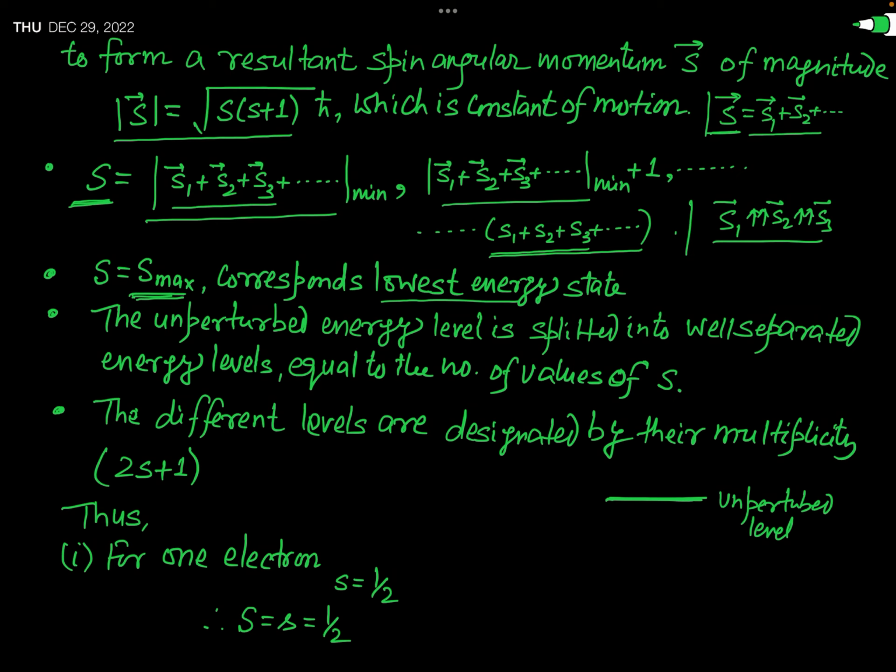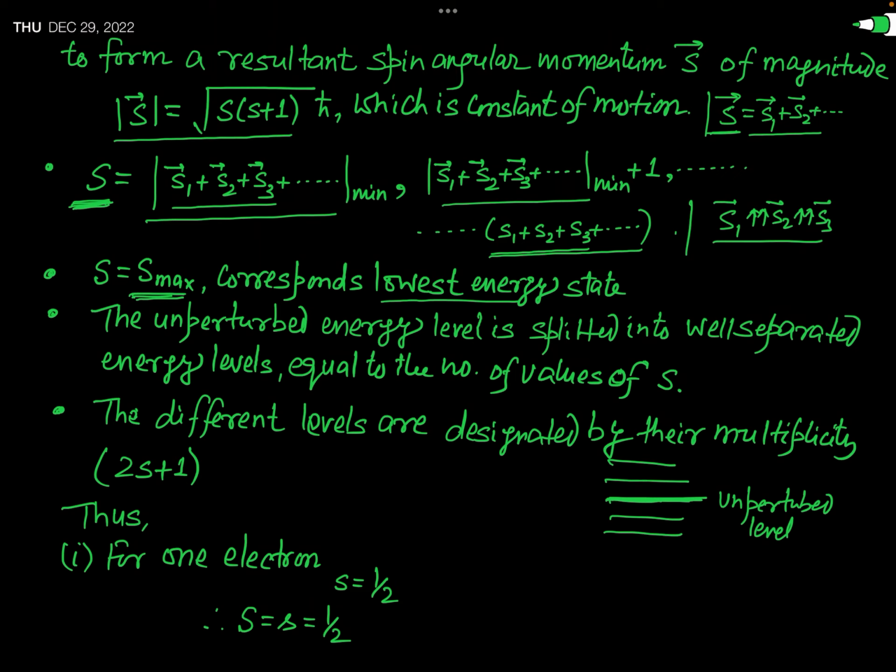This 2S plus 1 is equal to the number of values of S. It means if S has, let us say, 2 values, this unperturbed energy level will be split into 2 levels. And if S has, let us say, 4 values, then this unperturbed energy level will be split into 4 levels.